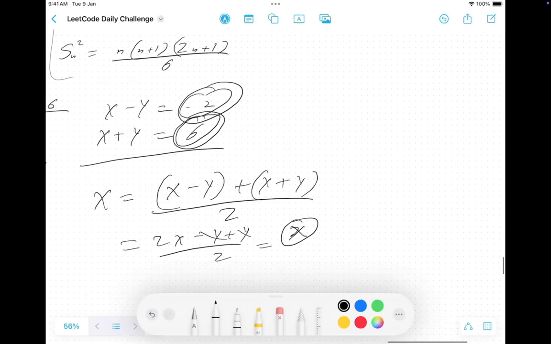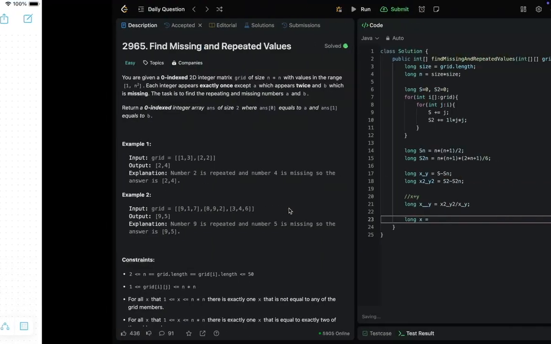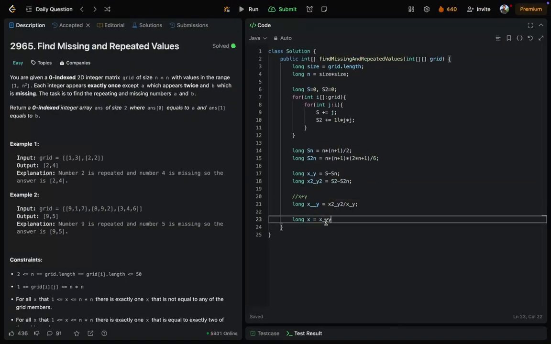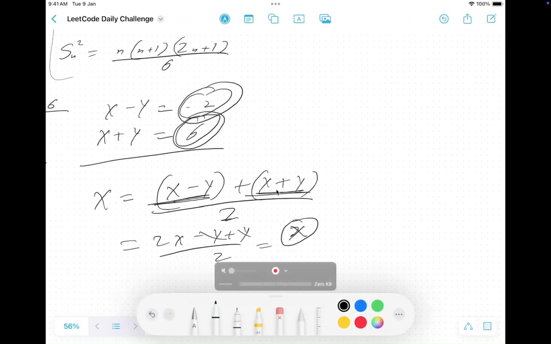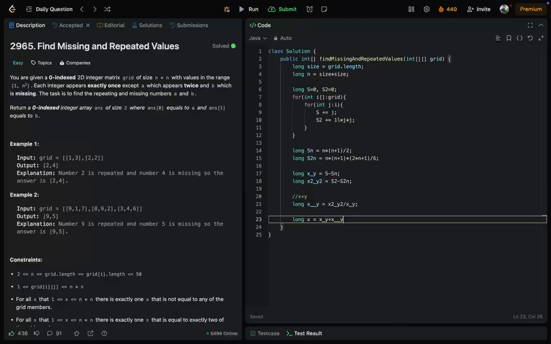So we can write it like this: x minus y plus x plus y by 2.